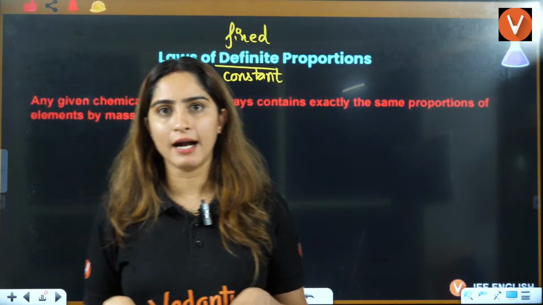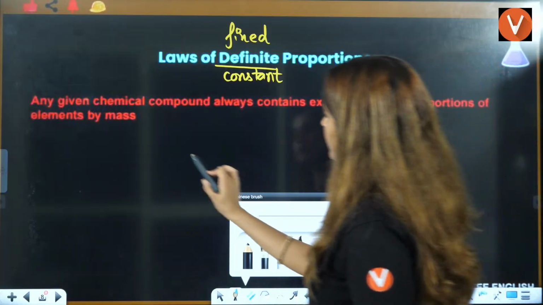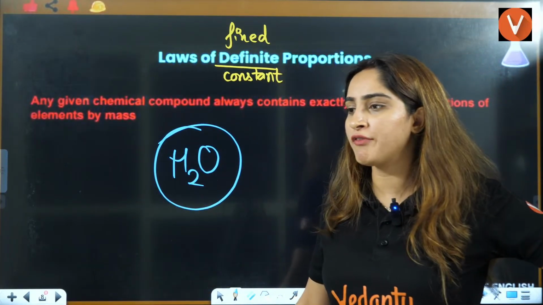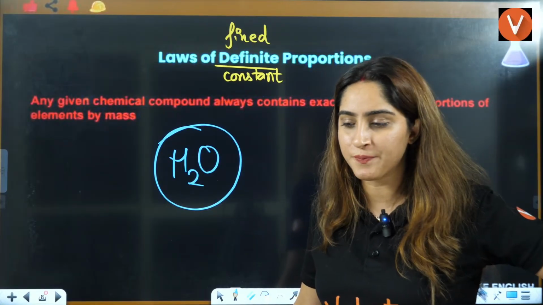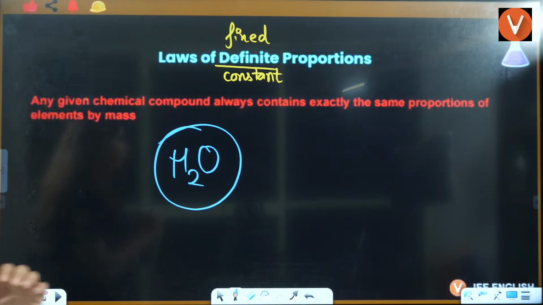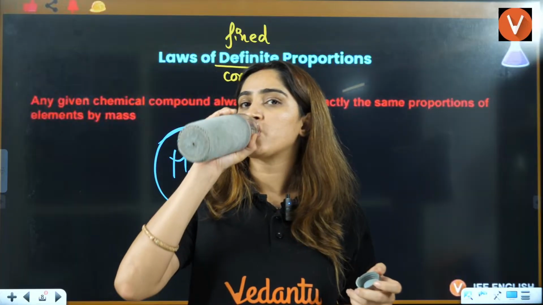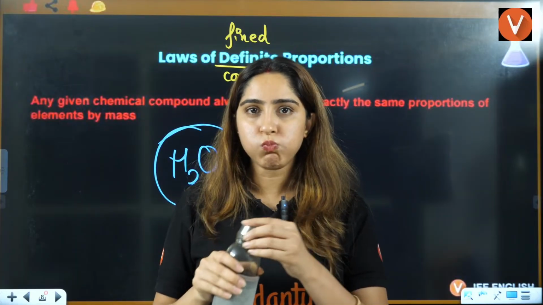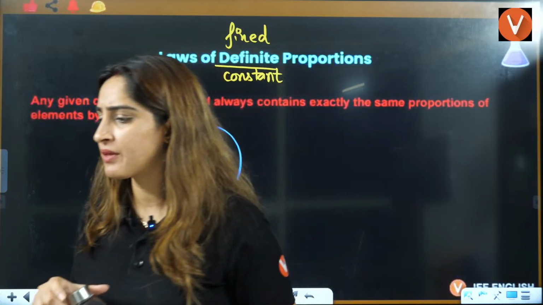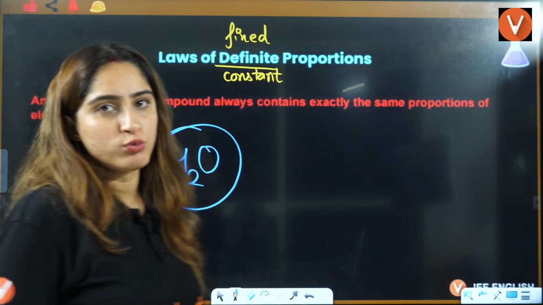We are saying that, in simple words, tell me one thing. This is the formula of which thing? Water, right? Now, I am drinking this water. What is the formula of this water that I am drinking? I have taken my water from RO.